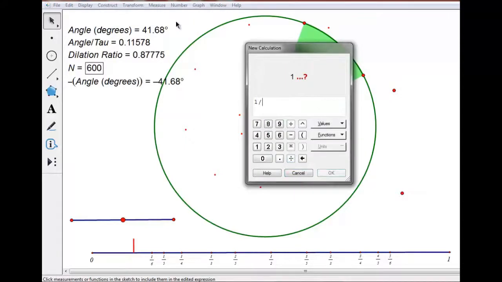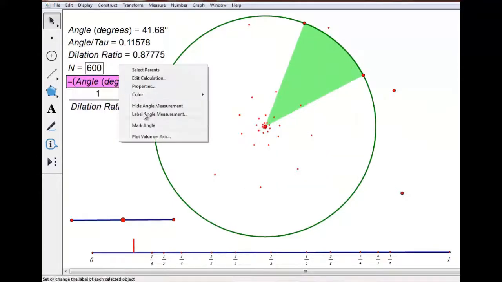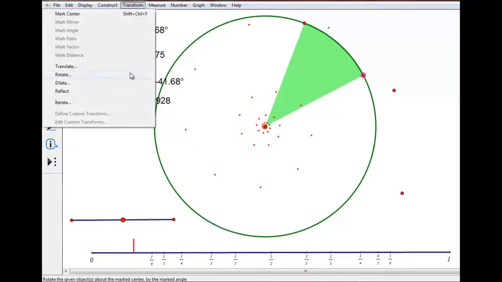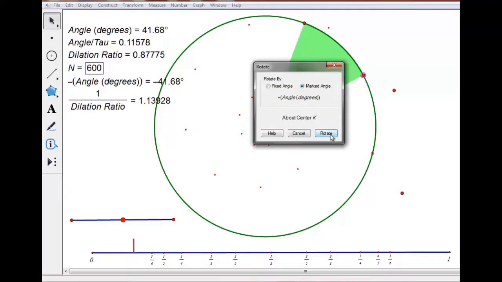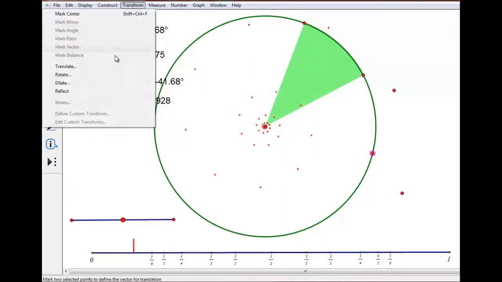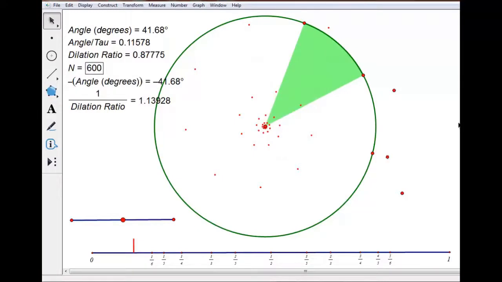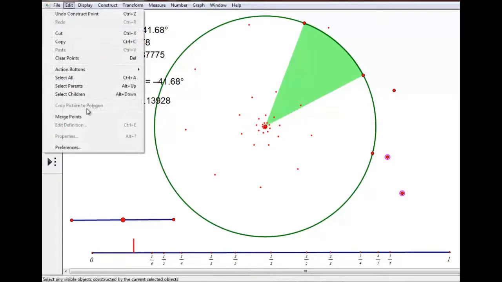Then, with 2 transformations of the fixed point, I construct my target point. There's the fixed point. I rotate it. I dilate it. Lastly, I glue my arbitrary point to the target and hide the unnecessary points.